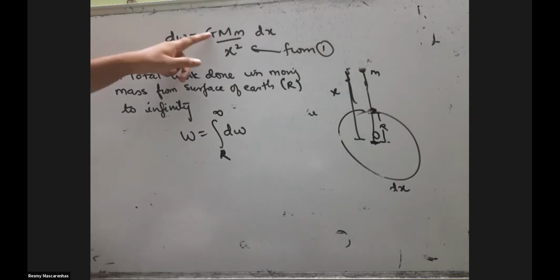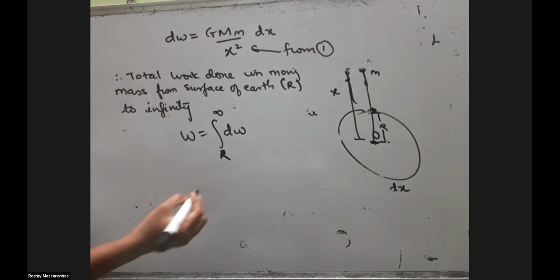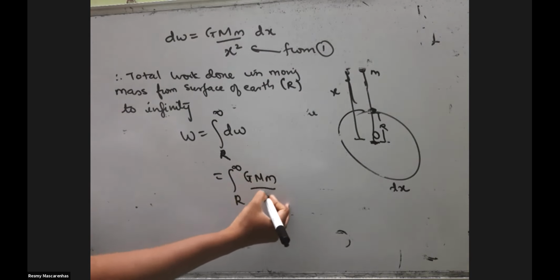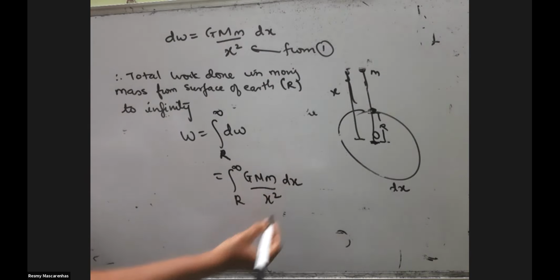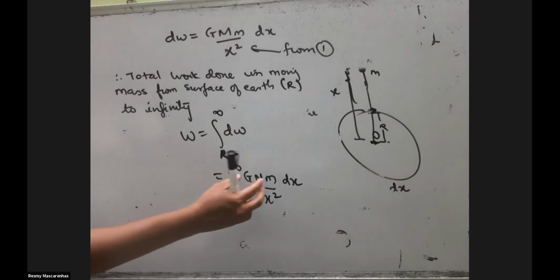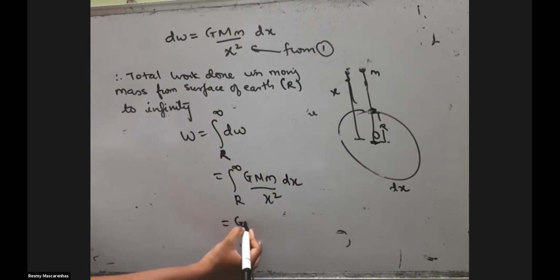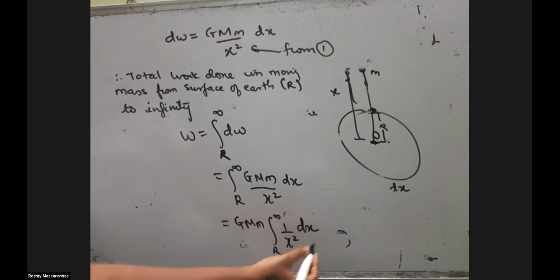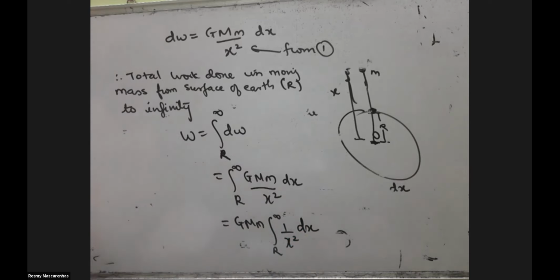Now substitute this value here. Same as the previous problem, take everything out. What remains is basically 1 by x square. Take this on top.